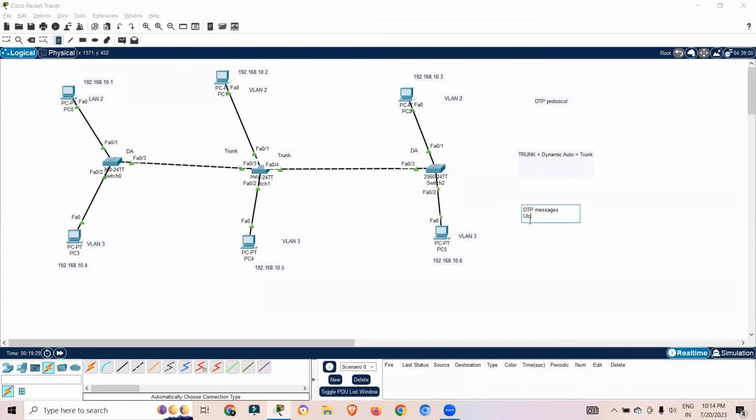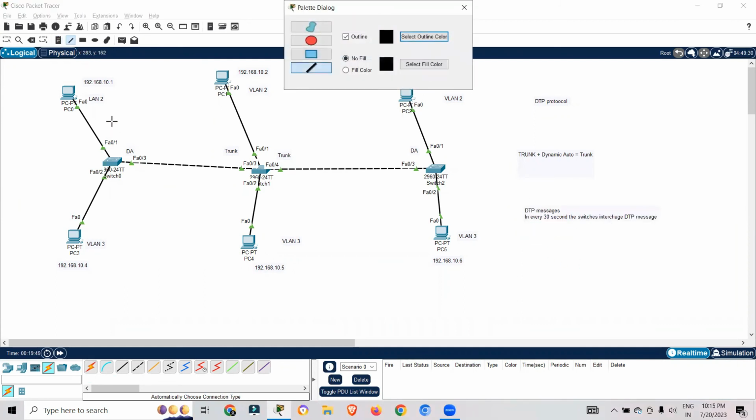Every 30 seconds, the switches interchange DTP messages. So every 30 seconds, these switches check whether the connectivity is okay or not. They send a hello message, or we can say a request message, every 30 seconds, and ask for negotiation.